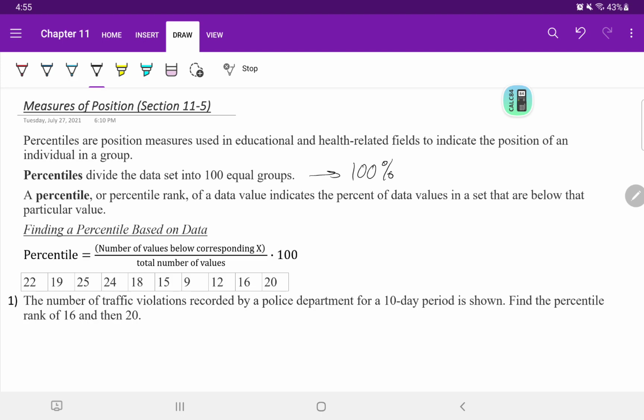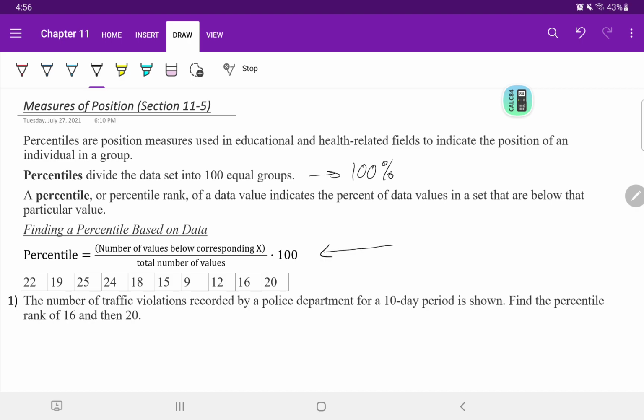Now, this right here, along with the measures of averages and the measures of variation, will all culminate in Chapter 11, Section 6, and Section 7 to what we refer to as normal distribution. But for this lecture, we're going to focus on how to find percentiles. Now, to find a percentile based on data, we're going to use the formula below.